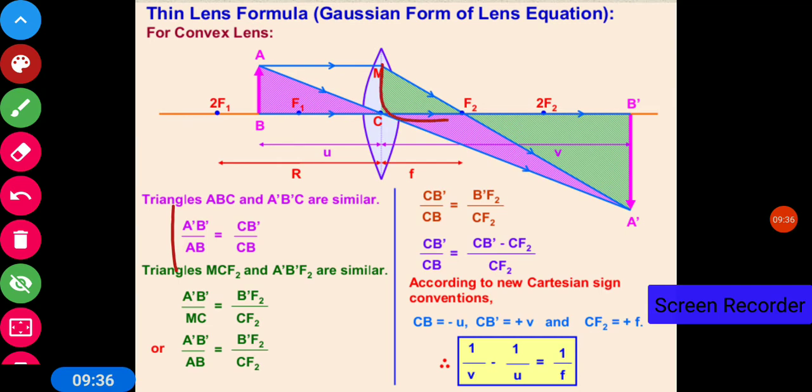Now through the triangle MCF2 and A dash B dash F2, here again these two triangles are similar. So we can write A dash B dash upon MC is equal to B dash F2 upon CF2. So this is the relation. Since MC is equal to AB, we can reduce this equation to the form A dash B dash upon AB is equal to B dash F2 upon CF2.